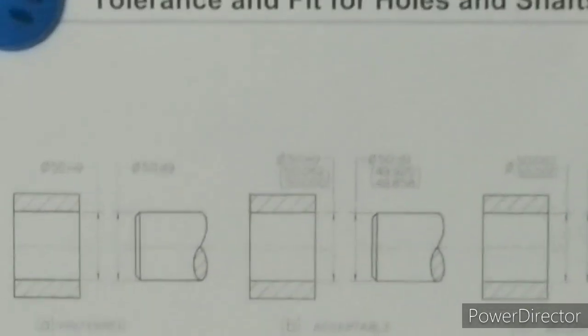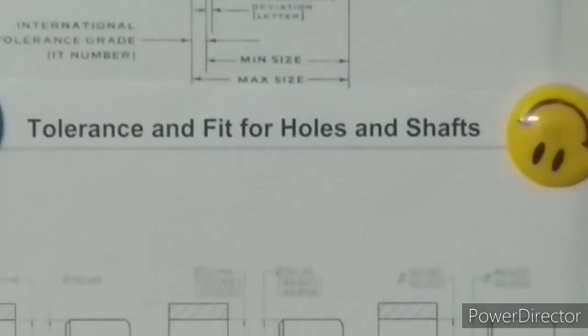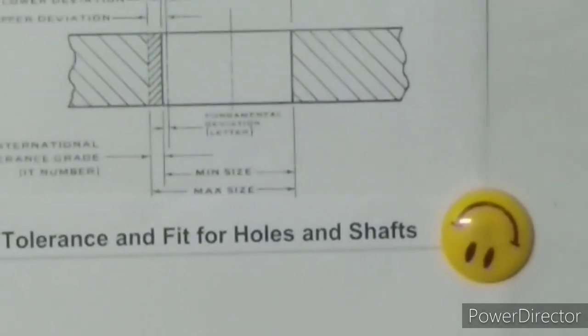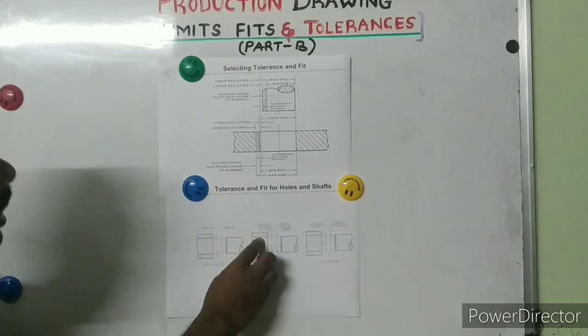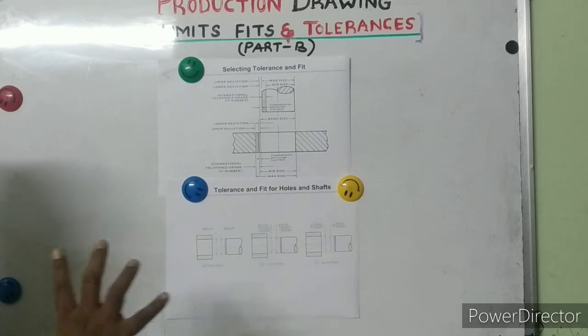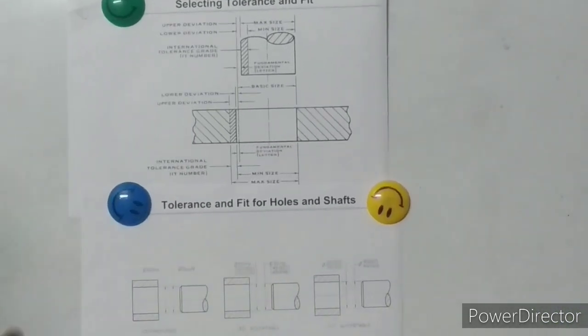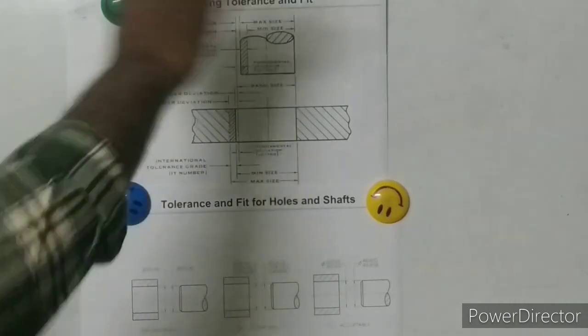Then fit. What is the fit? The degree of tightness or looseness is called a fit. What is tolerance? The maximum permissible variation of a size, within which the part varies, for example 50.00 to 50.062. This is called your tolerance.